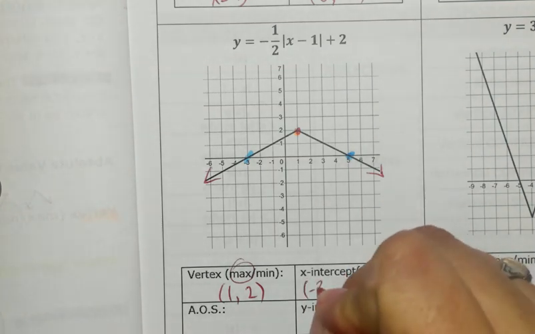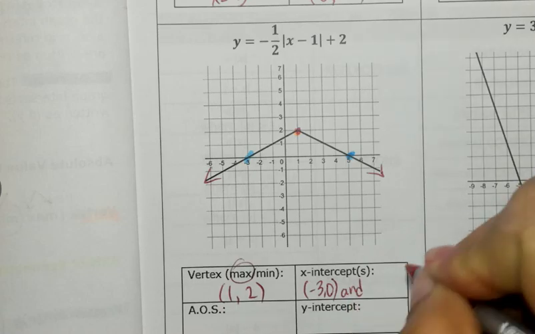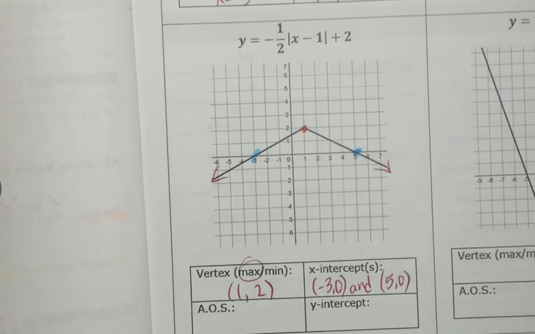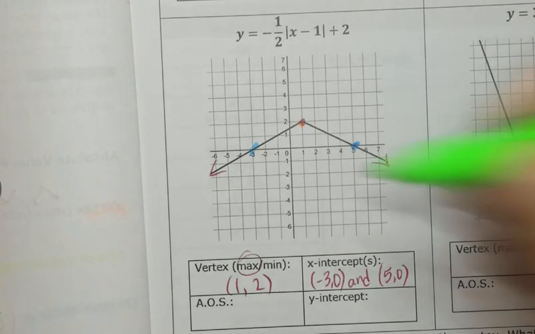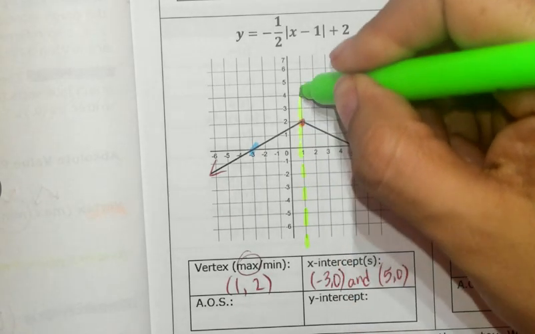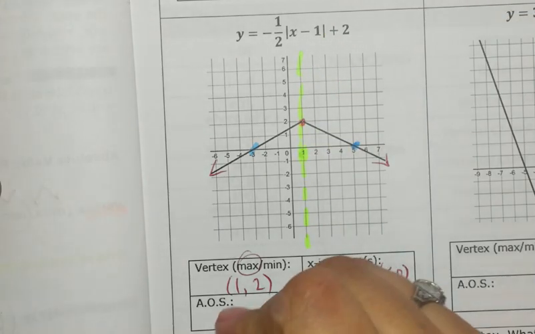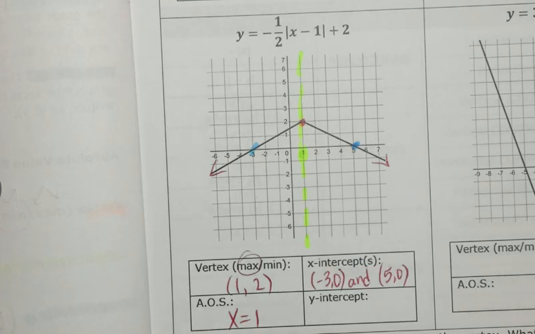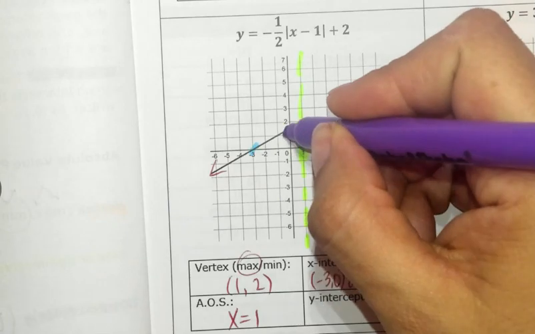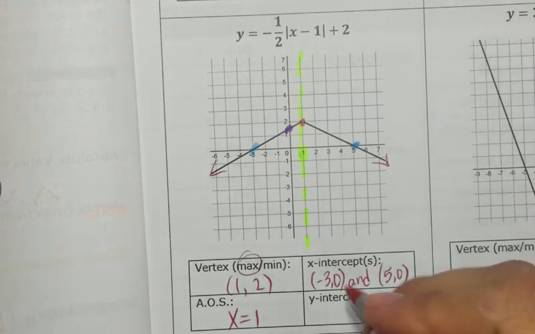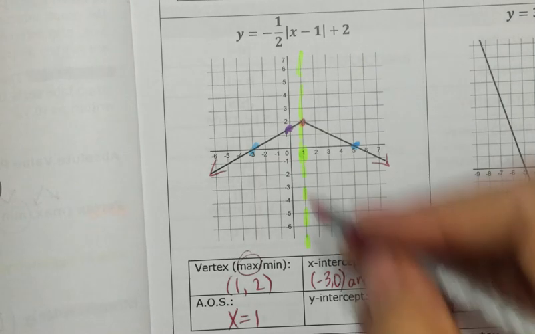So negative 3, 0 and 5, 0. Then we have the axis of symmetry, which is located where that vertex is at 1. So we're going to write x equals 1. And then the y-intercept will be right here. And it looks like a decimal. So it looks like 1.5.